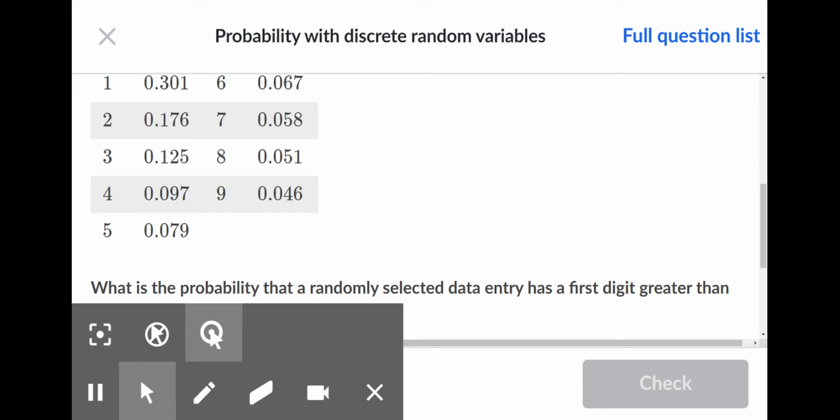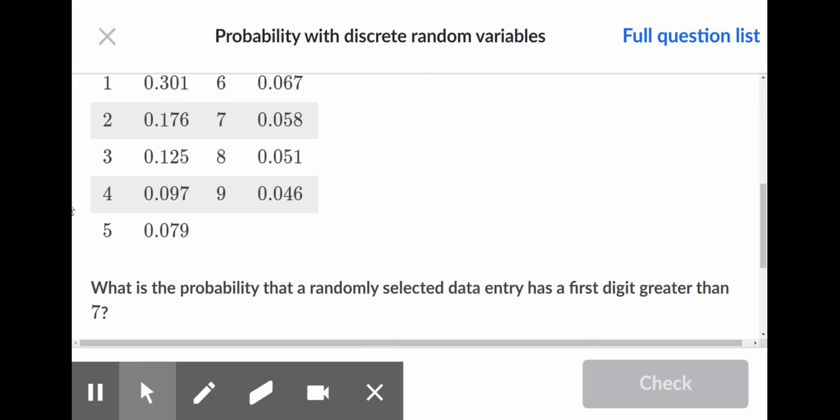So what I need to do is take 0.051 and add it to 0.046.